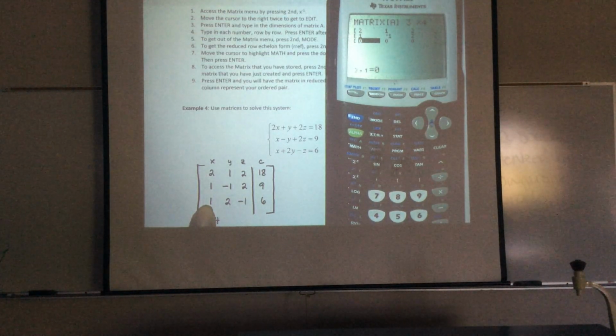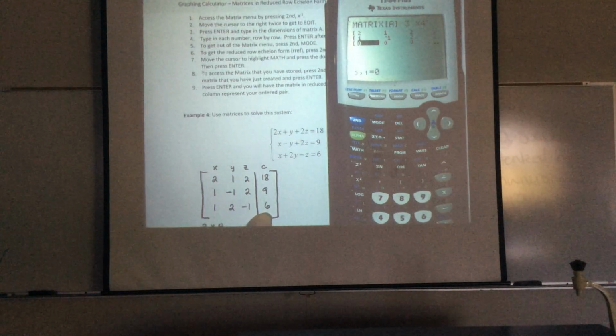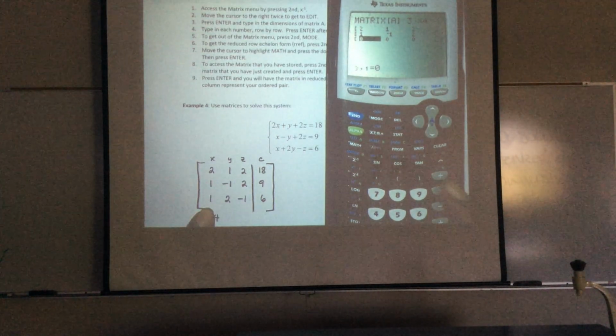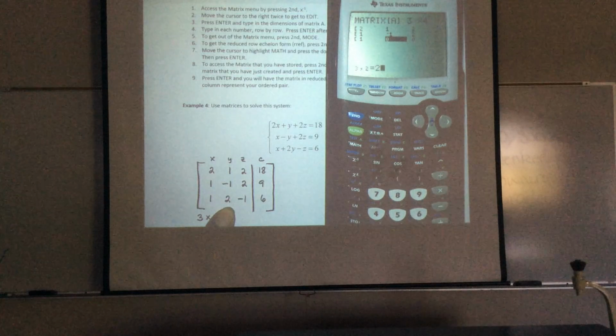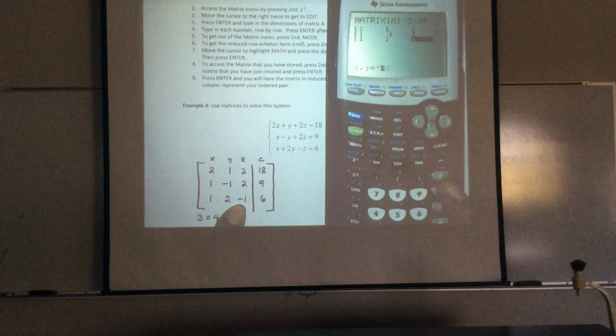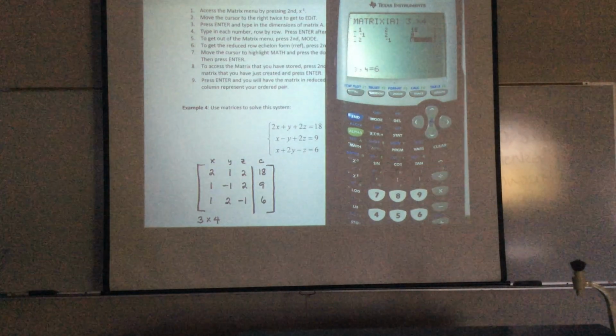Then it takes you to the third row, where you type in 1, enter, 2, enter, negative 1, enter, and 6, enter.